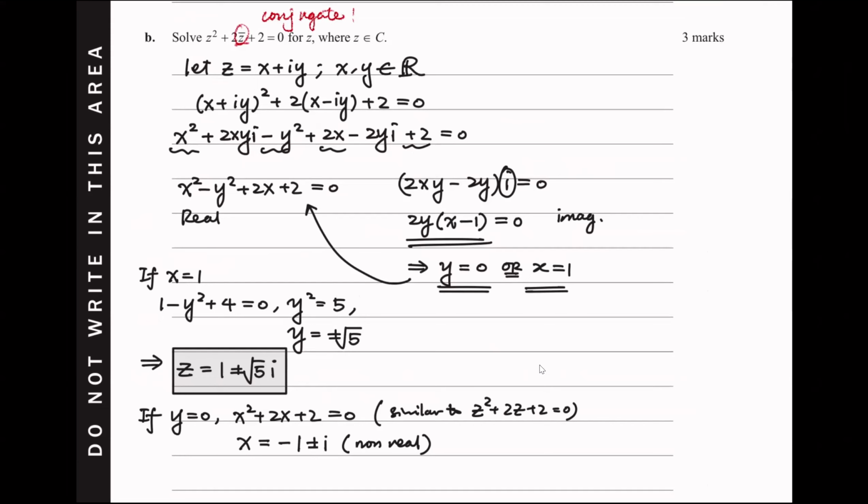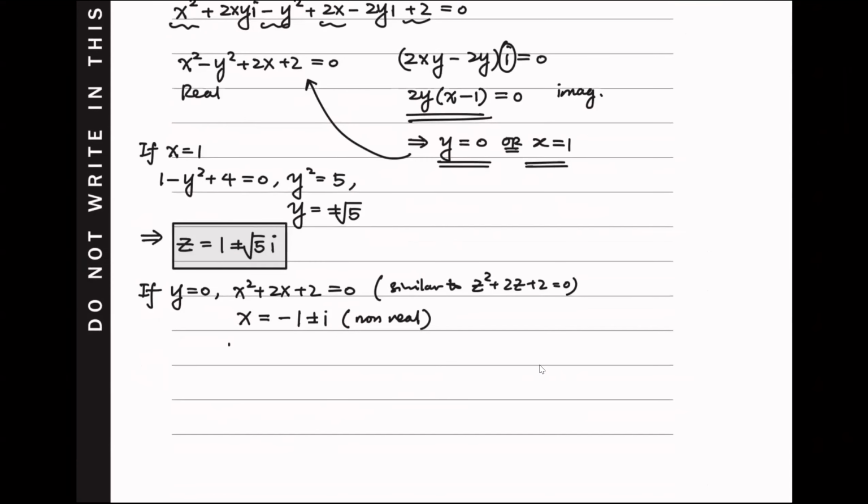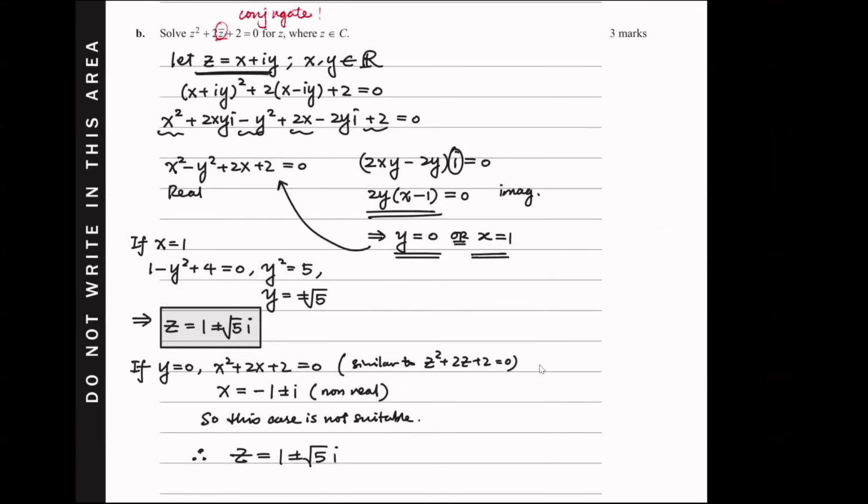If I get a complex x value, it doesn't satisfy my assumption, so this case is not suitable. Therefore, eventually I just get z equals 1 plus or minus root 5i, okay? And the problem is solved.